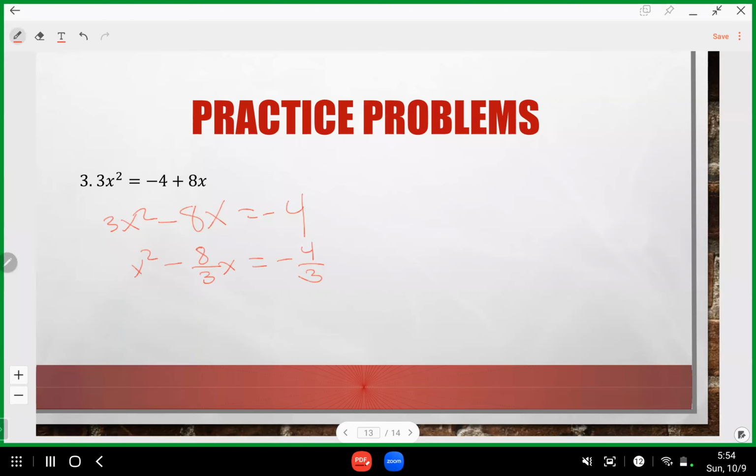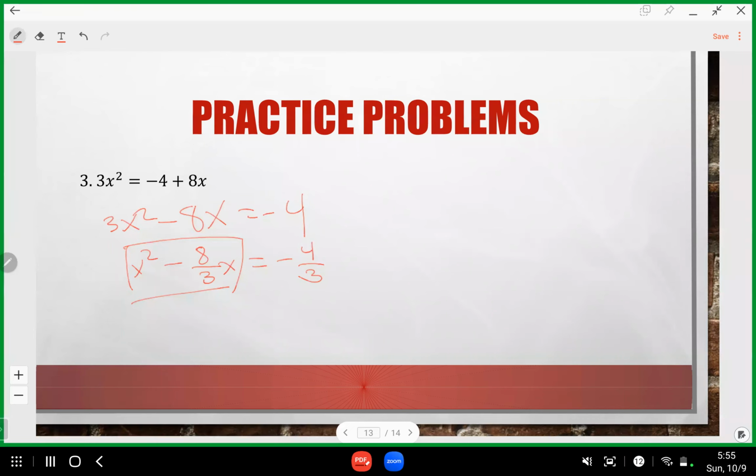So now that we've seen the defining factor, basically the first x squared minus 8/3 x, what is half of 8 over 3? It's just 4 over 3, right?